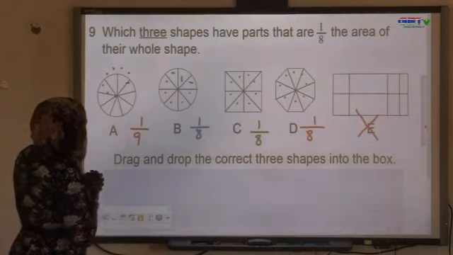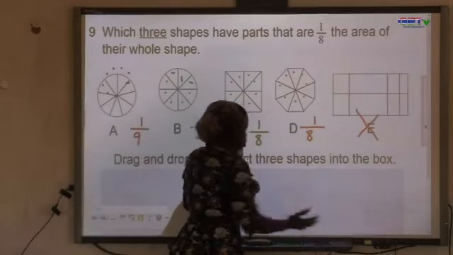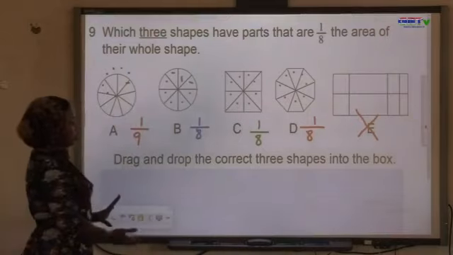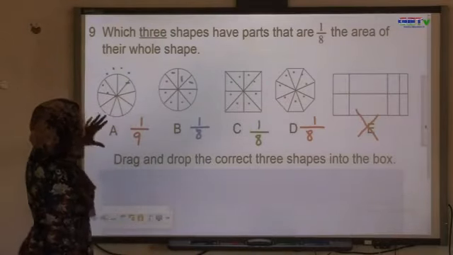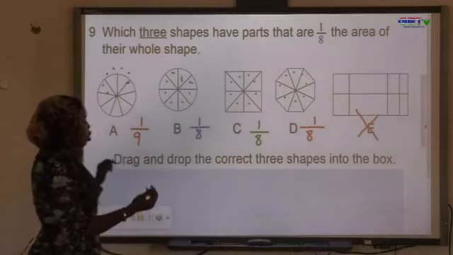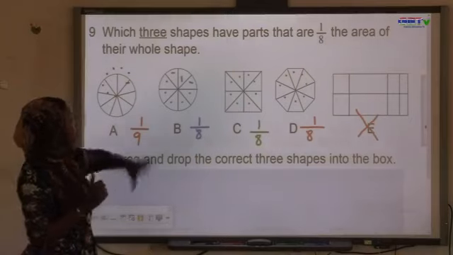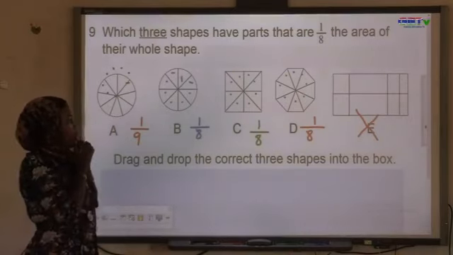So it says what? Drag and drop the correct 3 shapes into the box. So we have a box here. And from option A to option E, which ones are the correct shapes? Can we refer back to our shapes?